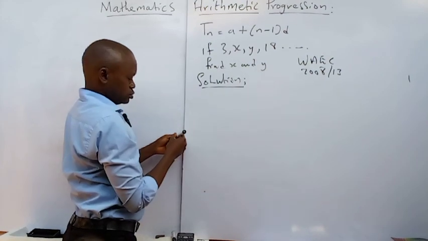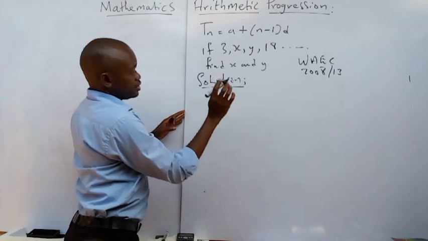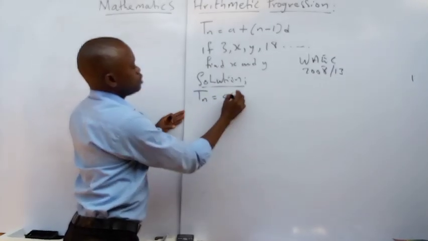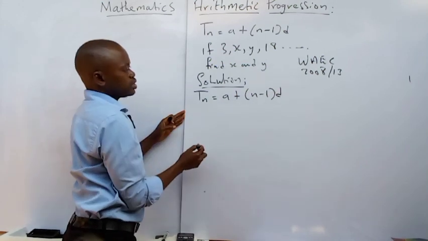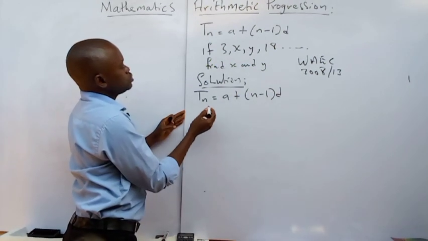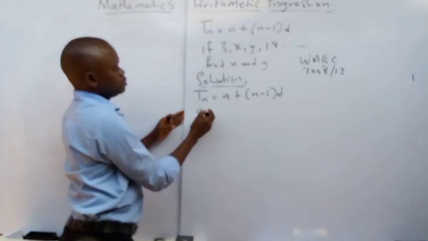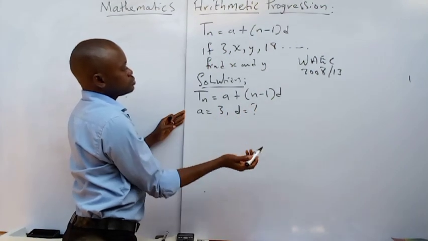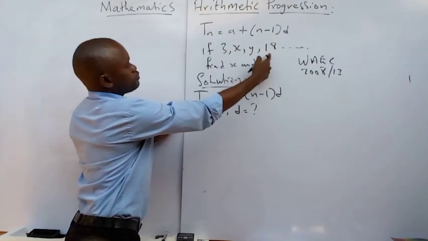You write the expression Tn equals a plus (n minus 1) d. So here you write out that a is 3, the common difference is unknown, and if you look here, this is 1, 2, 3, 4.